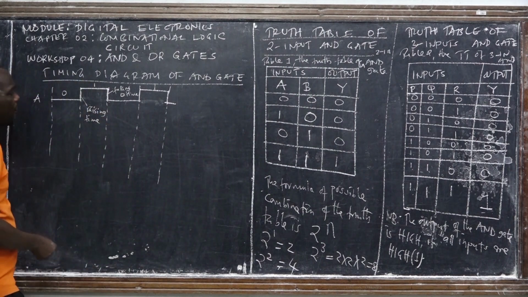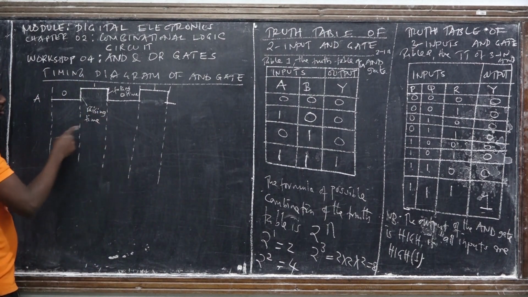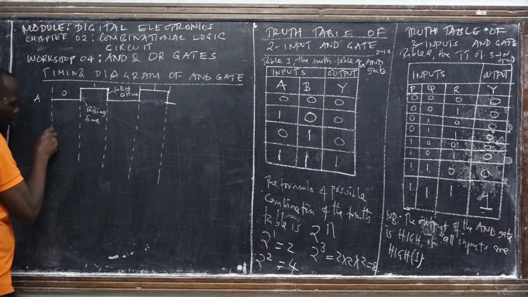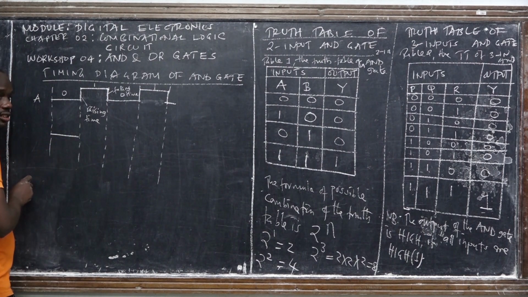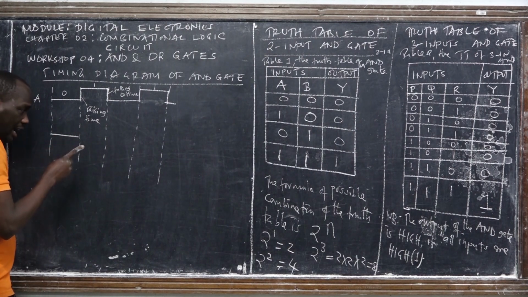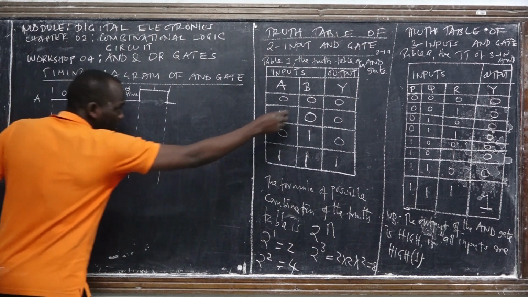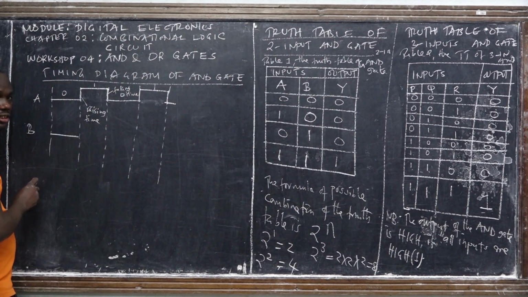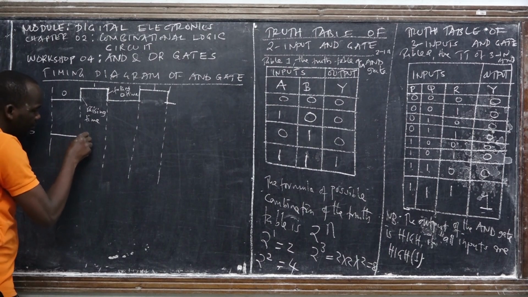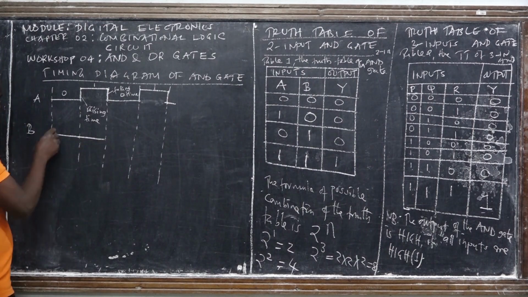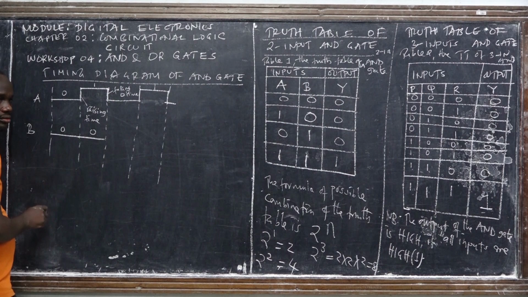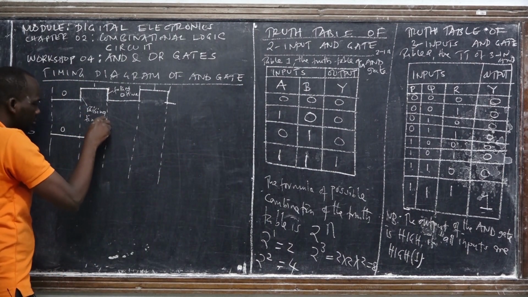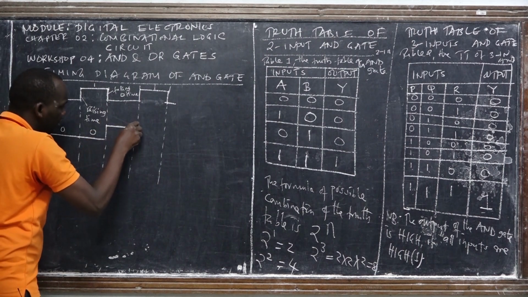Let us draw the timing diagrams of input A. The first bit is 0. For the input B, the first bit is 0. The second bit is what? 0. So this is 0, this is 0. The third bit is what? 1. So this is bit 1.